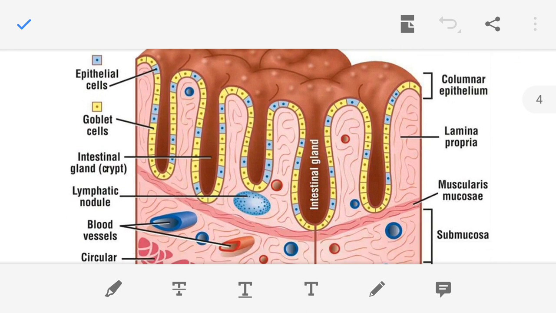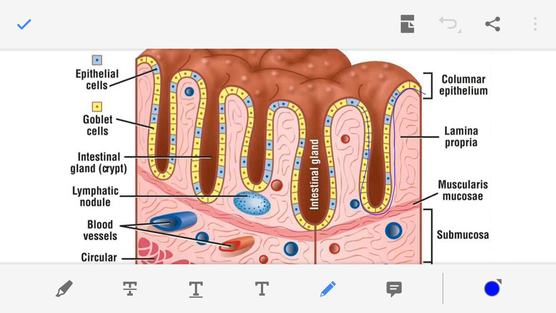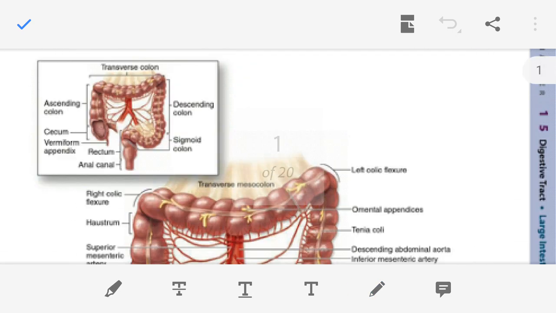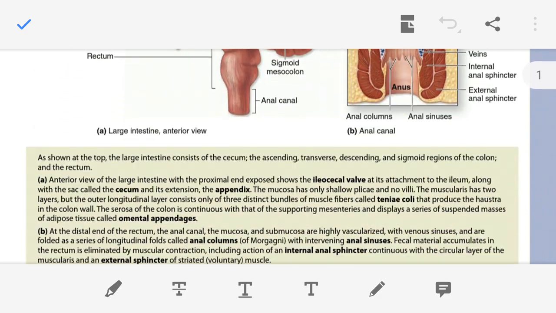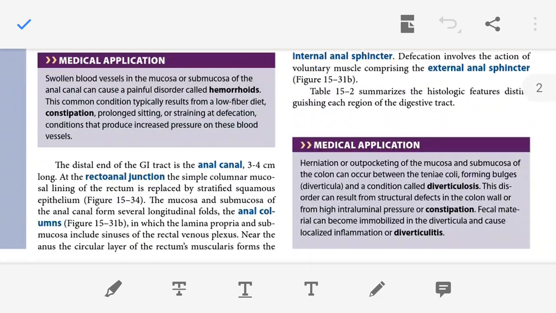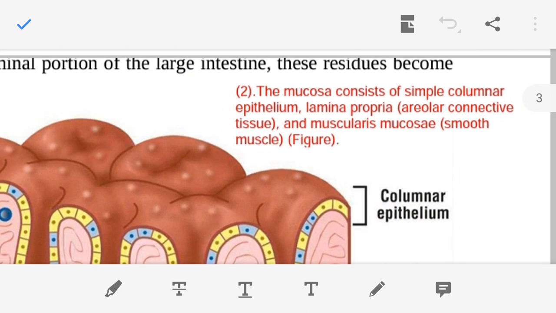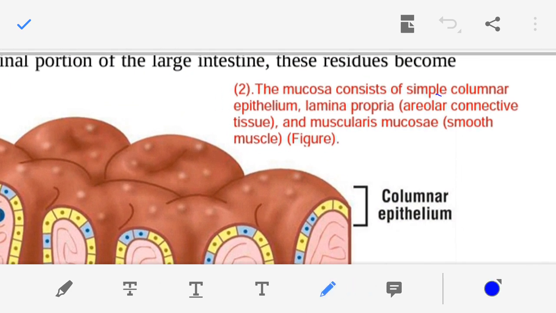Here you see, in yellow and blue color, the columnar epithelial cells are shown. So the mucosa is composed of simple columnar epithelium.